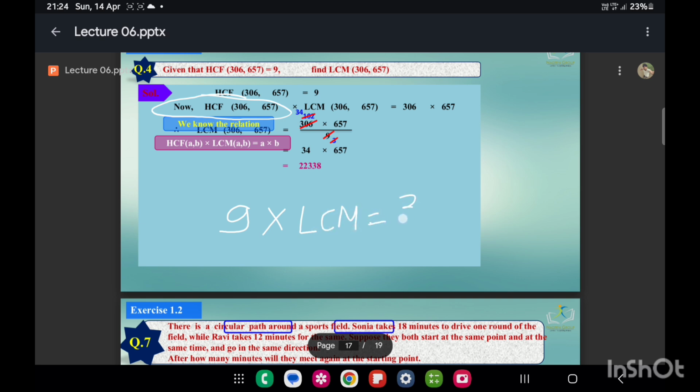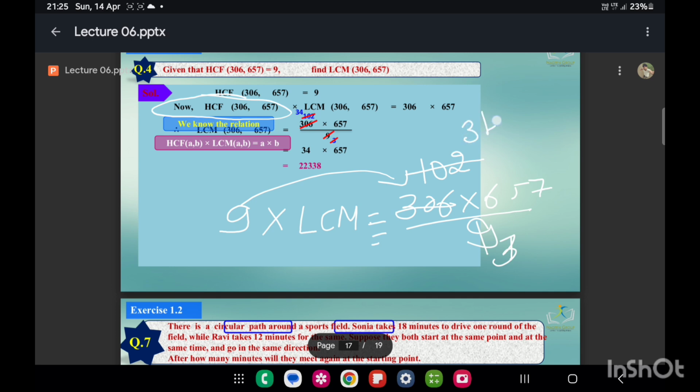Then 306 into 657. Shifting this 9 to this side, we divide by 9. So 9 ones are 9, then 3 threes are 9, then 3 thirty-fours are 102.